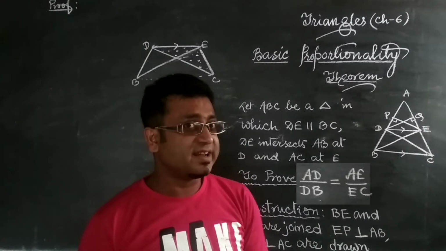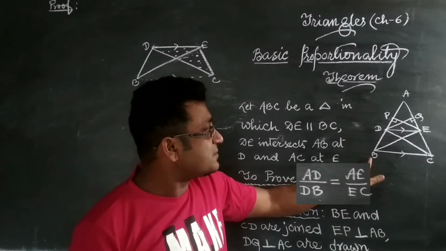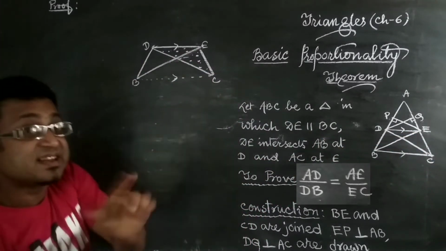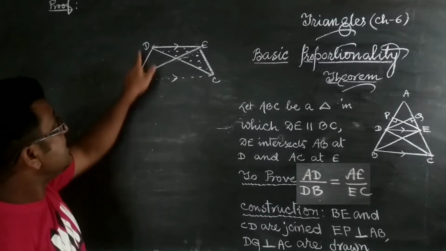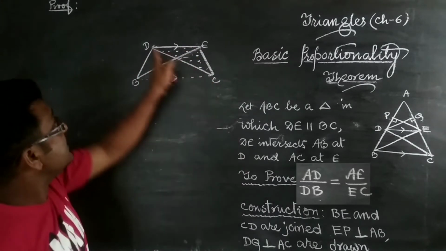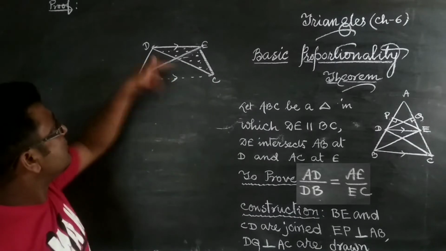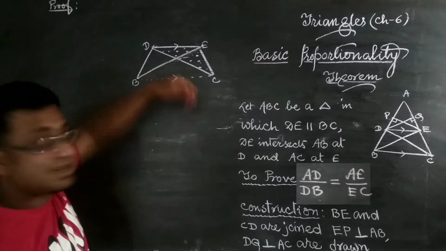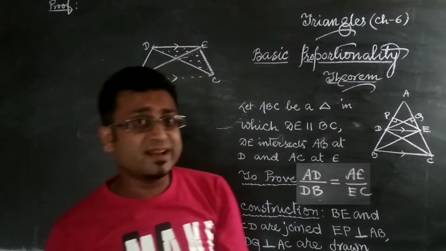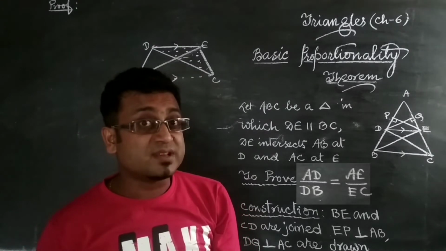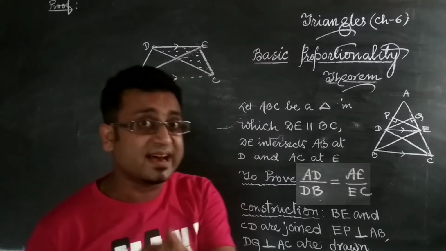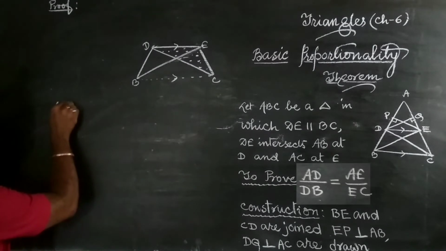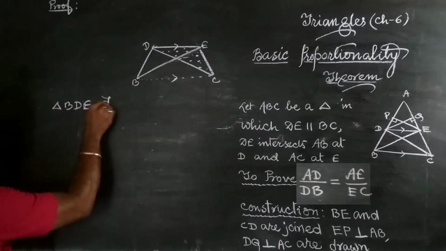The last part of the theorem is to consider BDEC, which consists of two triangles, BDE and DEC. As you can see, both the triangles are on the same base DE and between the parallel lines DE and BC. In class 9, you have done one theorem that triangles on the same base and between the same parallels are always equal in area.